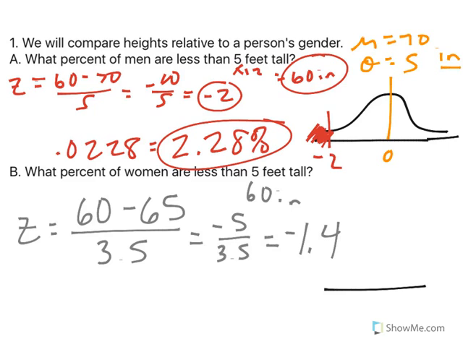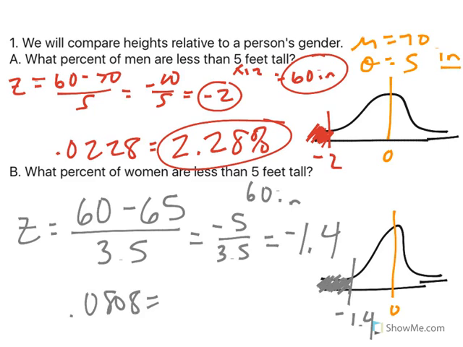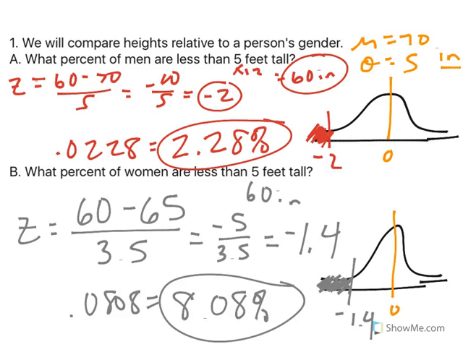So let's go ahead and draw our normal distribution curve. Again, 0 in the middle. So negative 1.4 is going to fall to the left of the mean. Again, we're finding less, so we go to the left. And for the percent of women, negative 1.4 is going to give us 0.0808, change it to a percent. 8.08% of women are less than 5 feet tall.